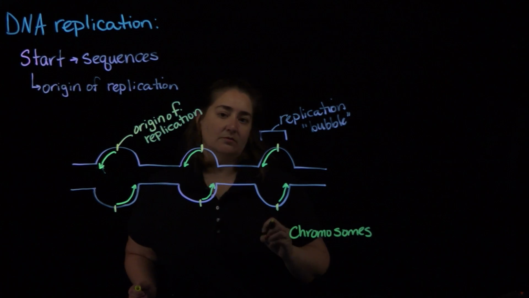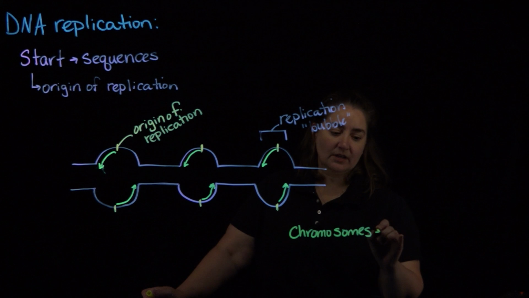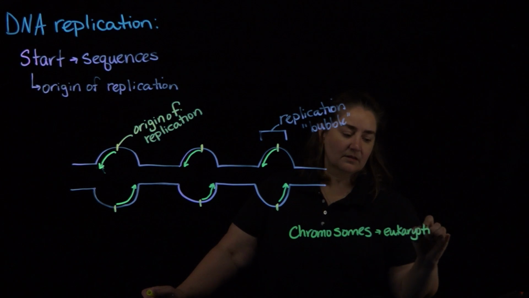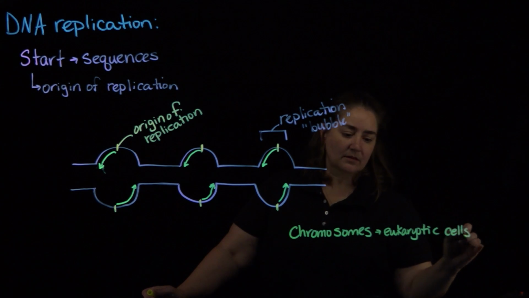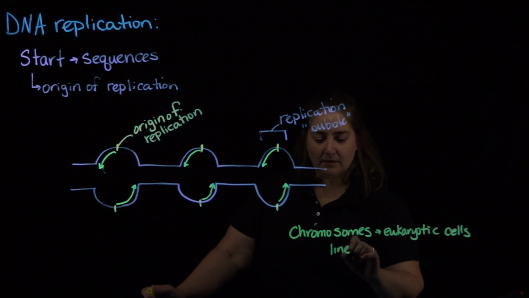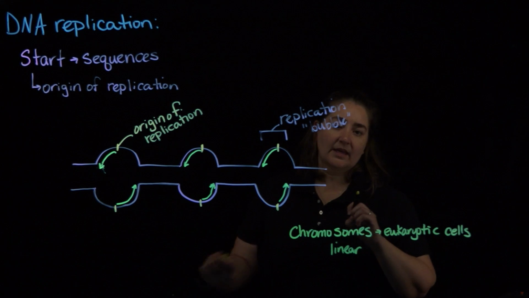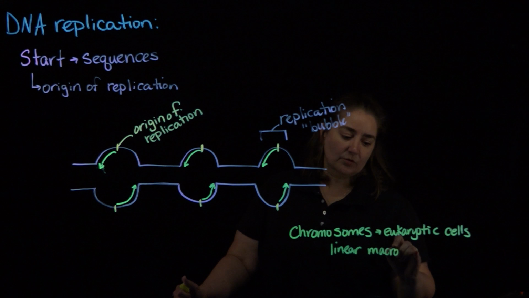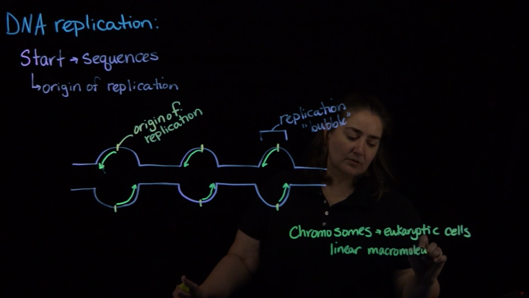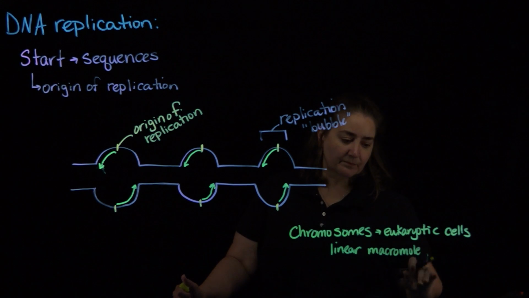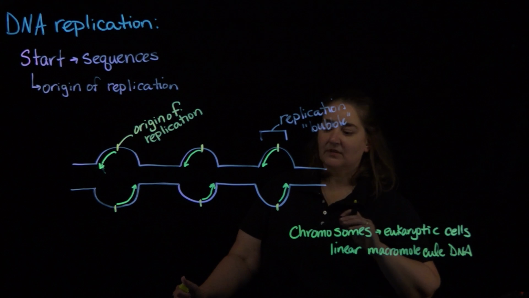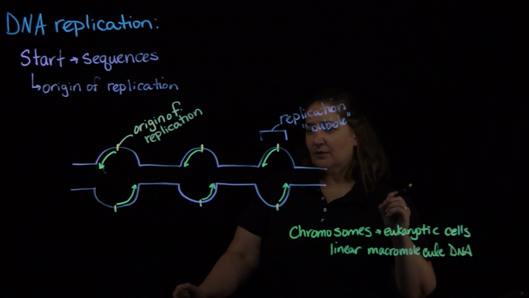Those chromosomes, in the case of eukaryotic cells, is going to be a continuous long linear macromolecule of DNA, all right?